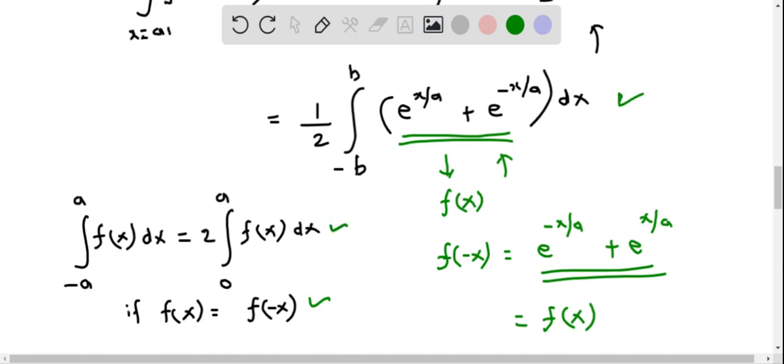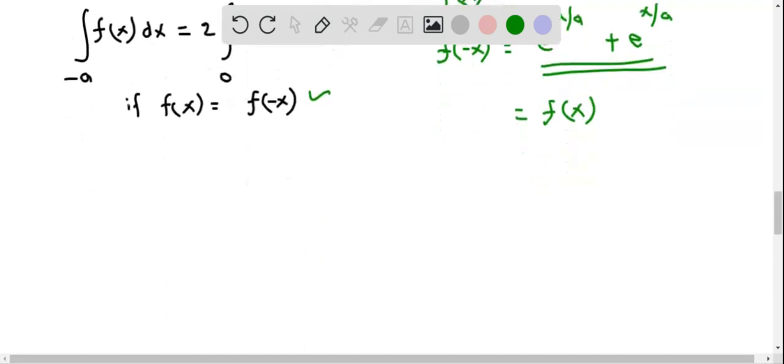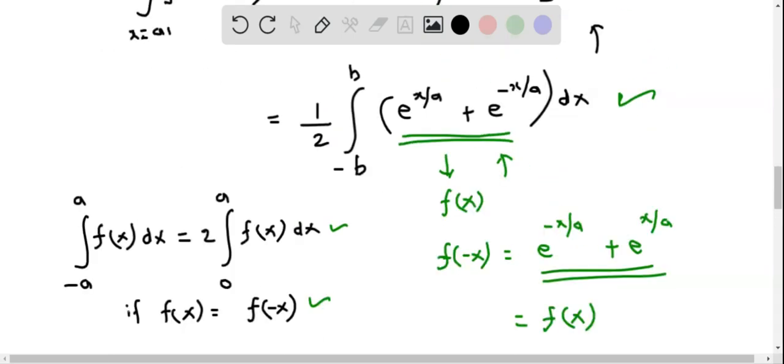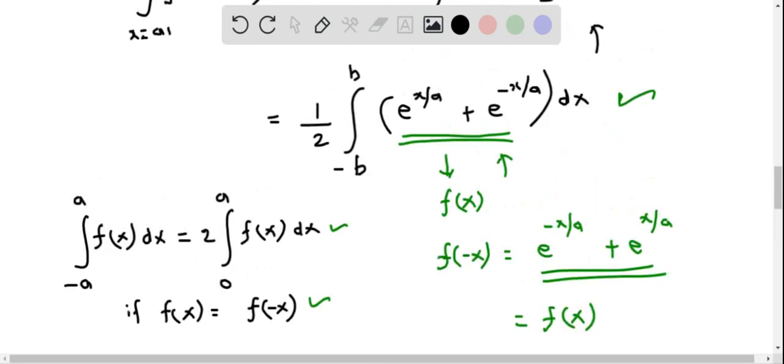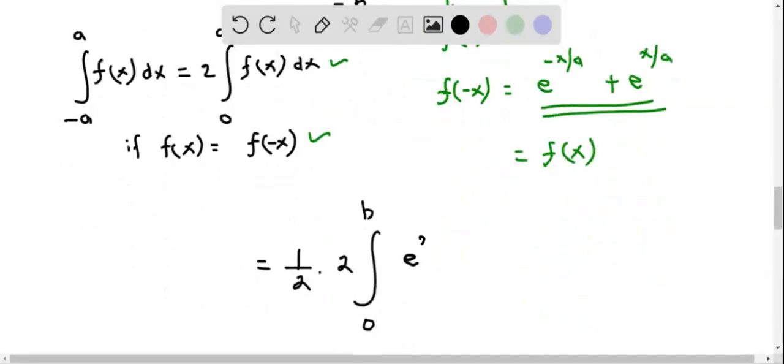So I'm going to rewrite this integral as 1 by 2 times 2 times, instead of the limit from negative b to positive b, I can now rewrite this limit as 0 to b, and the expression e raised to the power of x by a plus e raised to the power of negative x by a dx.